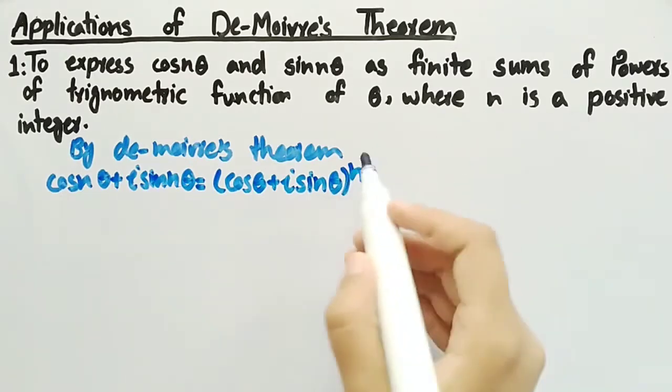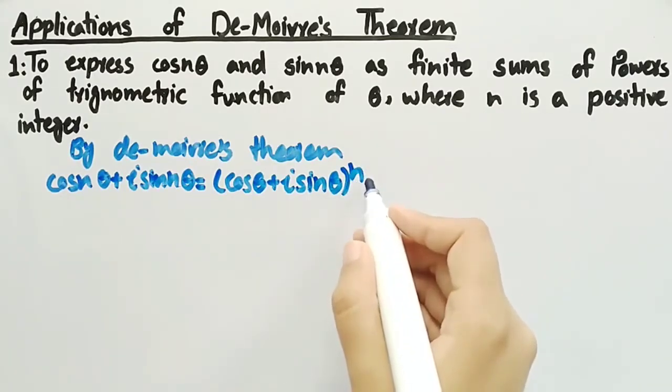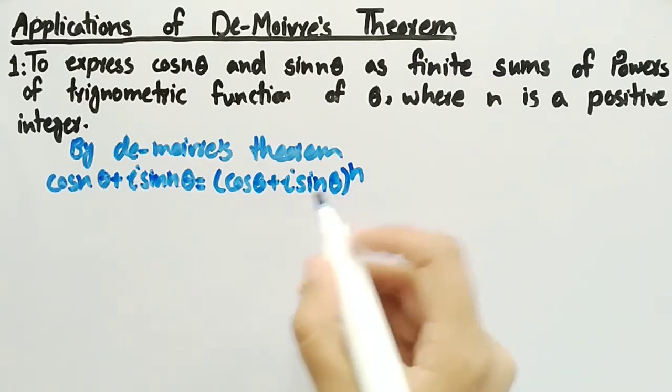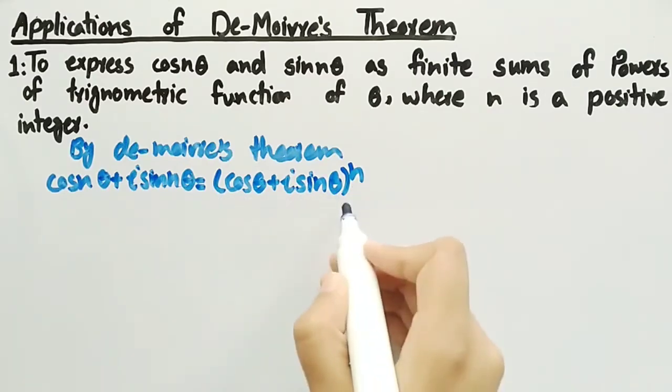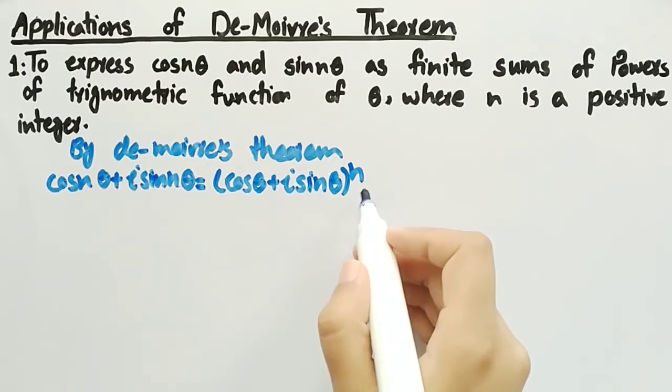It is given that n is a positive integer, and we can apply the binomial theorem on these types of terms when the power is a positive integer.